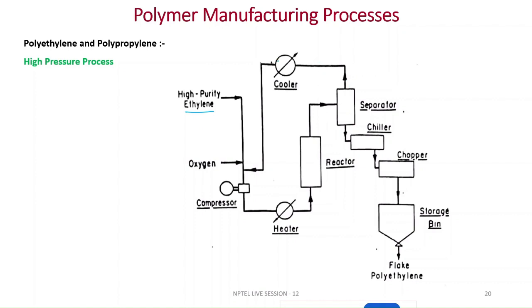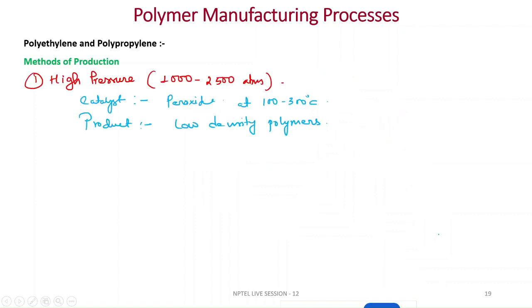It separates out some of the unreacted ethylene, which is sent back to the feed point, and the reacted ethylene, which forms the polyethylene, is passed through the chiller to cool down, then chopped, separated and stored as polyethylene, right?